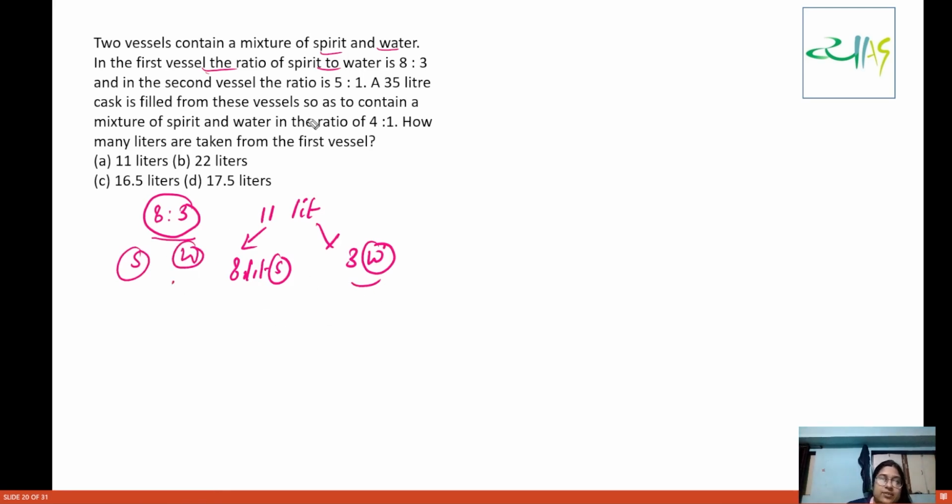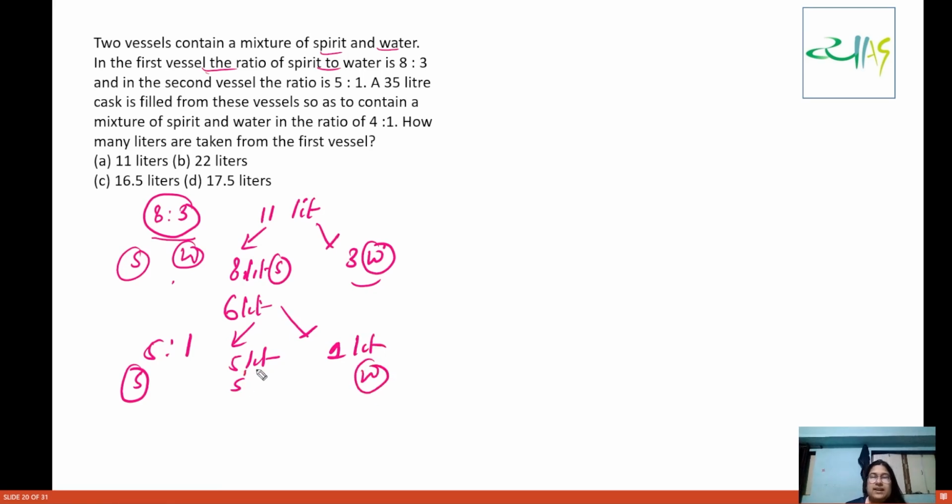And if you are taking this 5 is to 1, that means for every 6 liters, you have 5 liters of spirit and 1 liter of water.